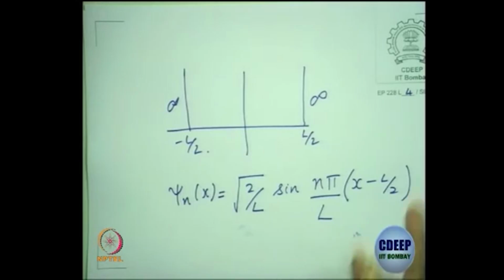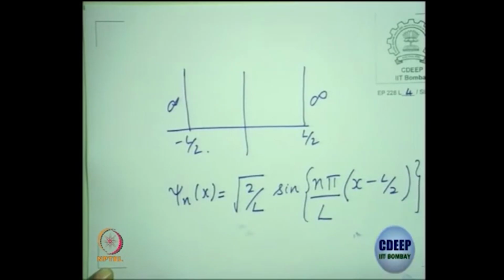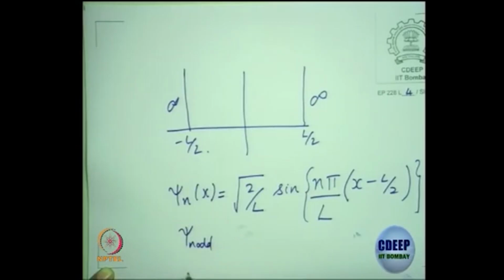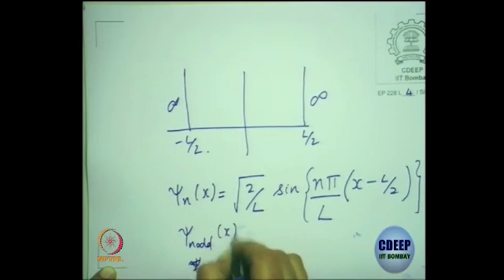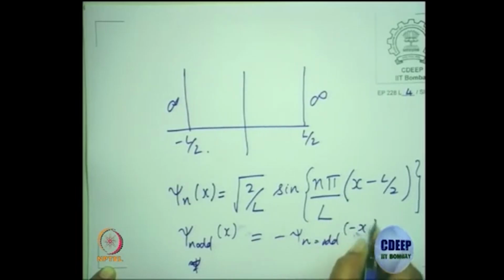But equivalently, you can simplify this expression. Can somebody simplify this expression? For n odd and n even, what is it? Psi n odd of x, is it minus psi n? Is that right?